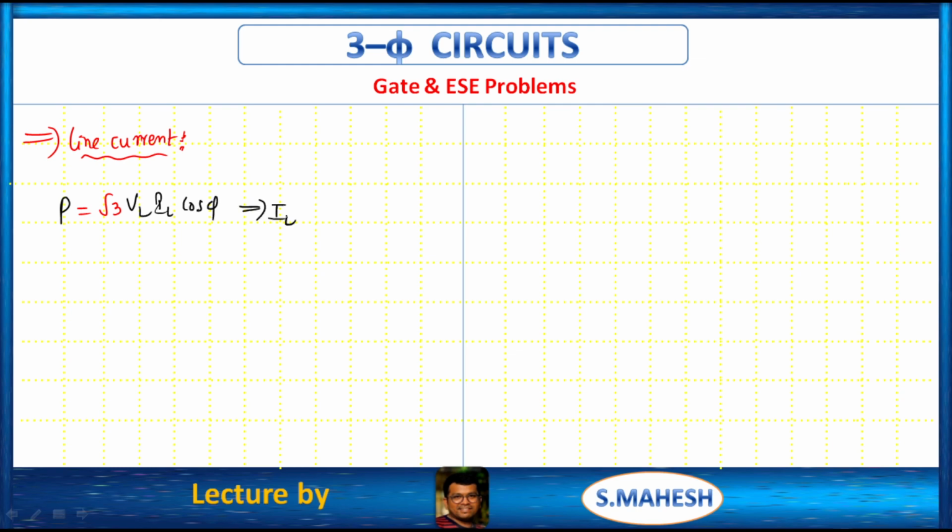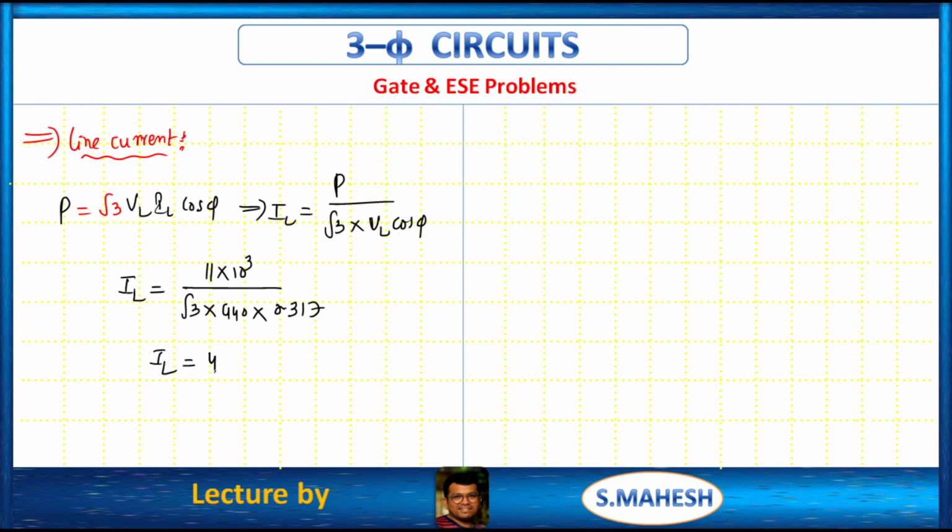From this, to get IL, IL is P by root 3 VL cos phi. P is 11 kilowatts, that is 11 into 10 cube, by root 3 times VL, which is given as 440 volts, times cos phi, which is 0.317. This gives IL as 45.53 amperes. So IL is 45.53. So finally what we have?